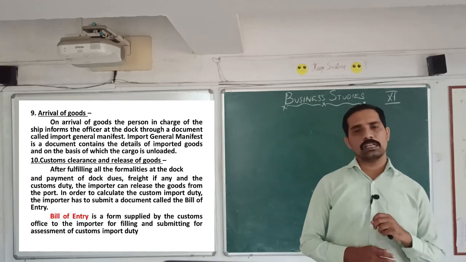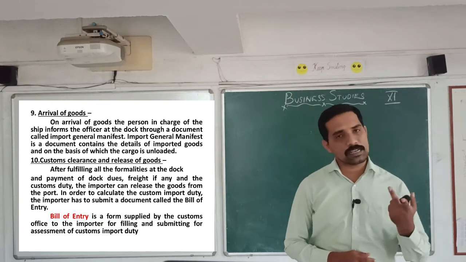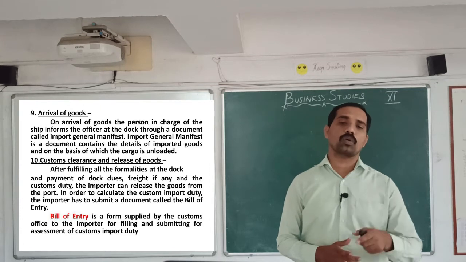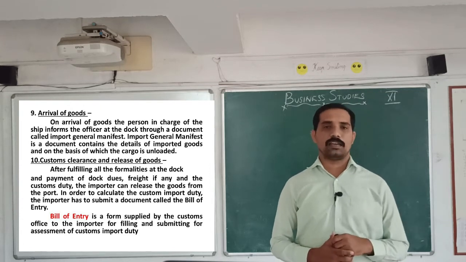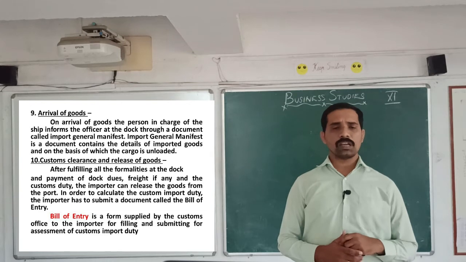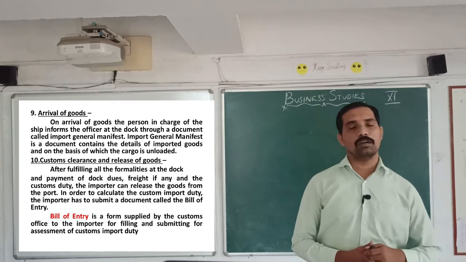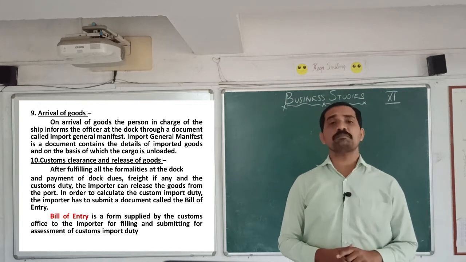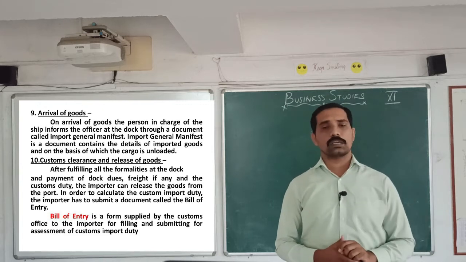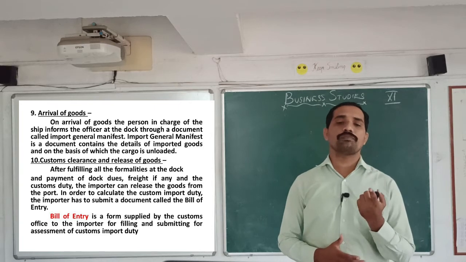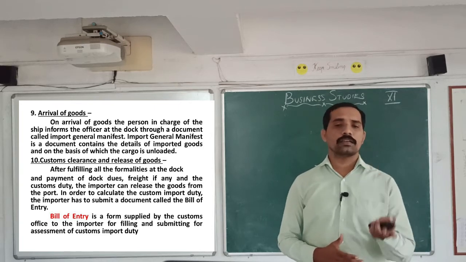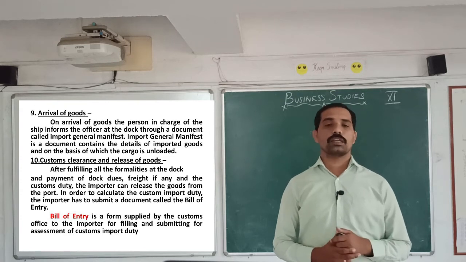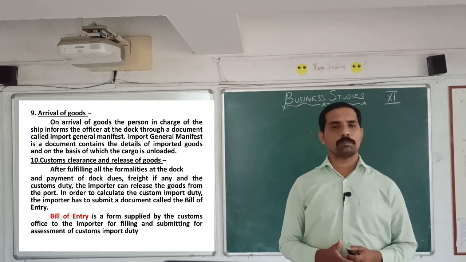In order to calculate the customs import duty, the importer has to submit a document called the bill of entry. It is a form supplied by the customs office to the importer for filling and submitting for assessment of customs import duties. These are the import procedures.